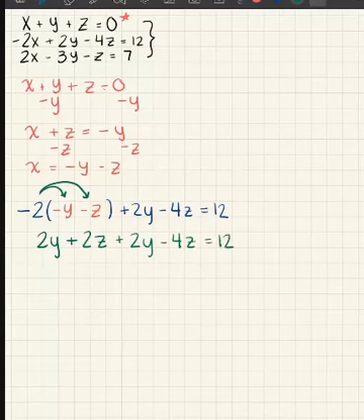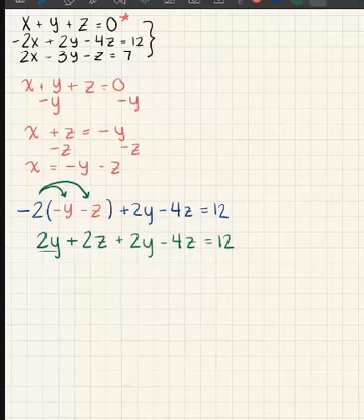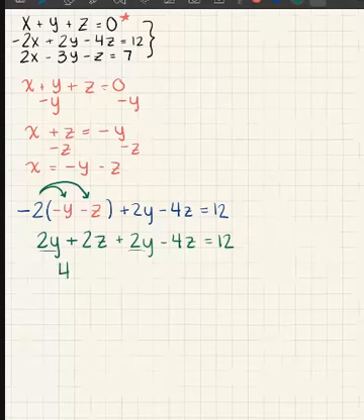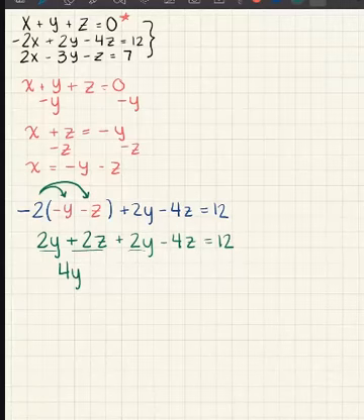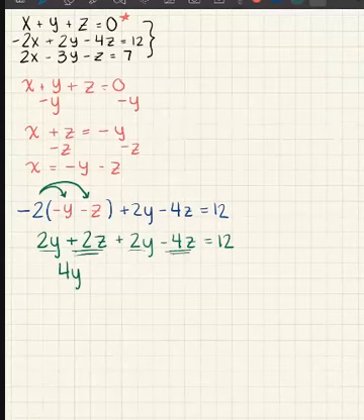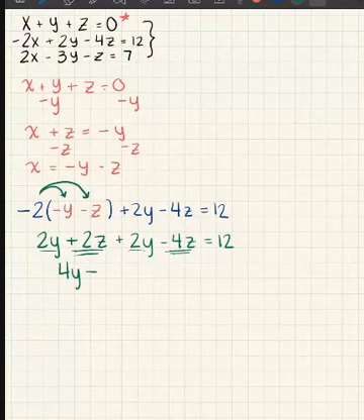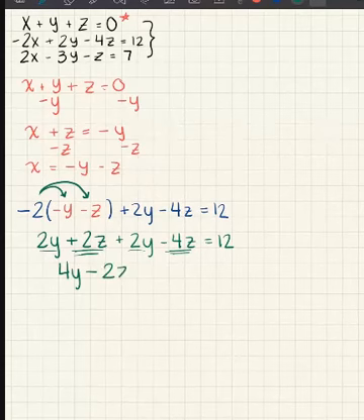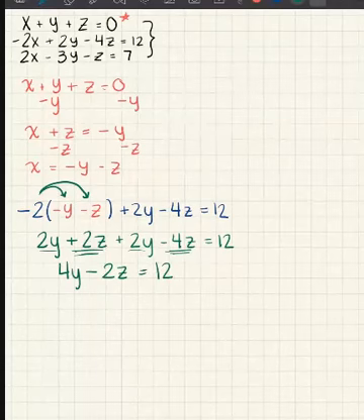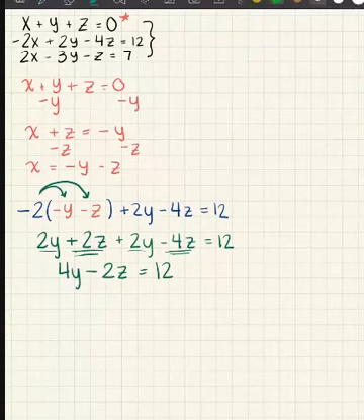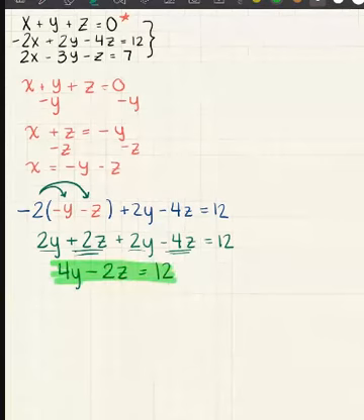For our next step, we can combine any like terms that we have. I have a 2y here and a 2y here, giving me 4y, a 2z and a minus 4z, giving me negative 2z, and that whole thing still equals 12. What that gives us is an equation that has two variables that we can use in a 2x2 system.